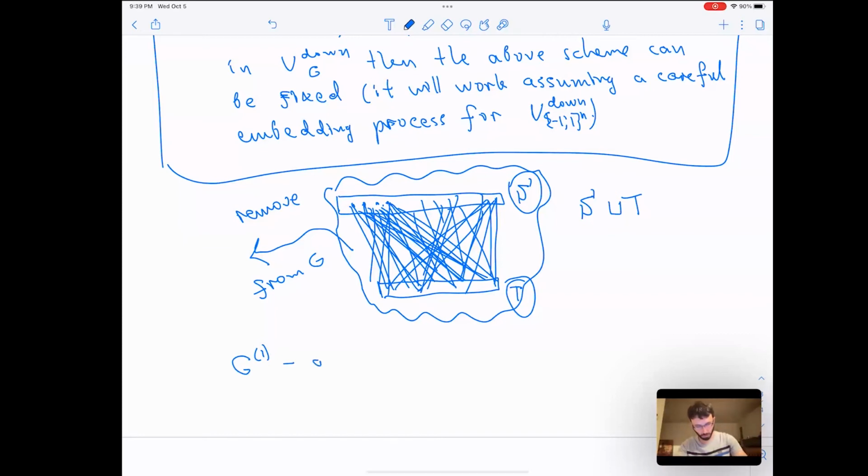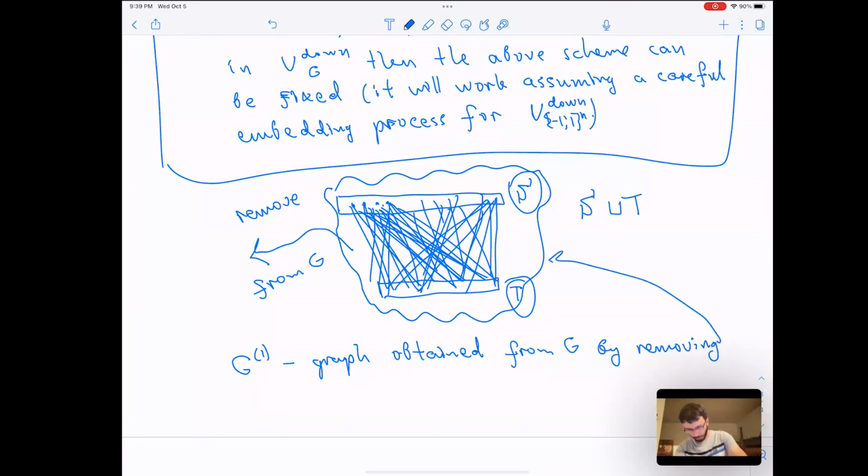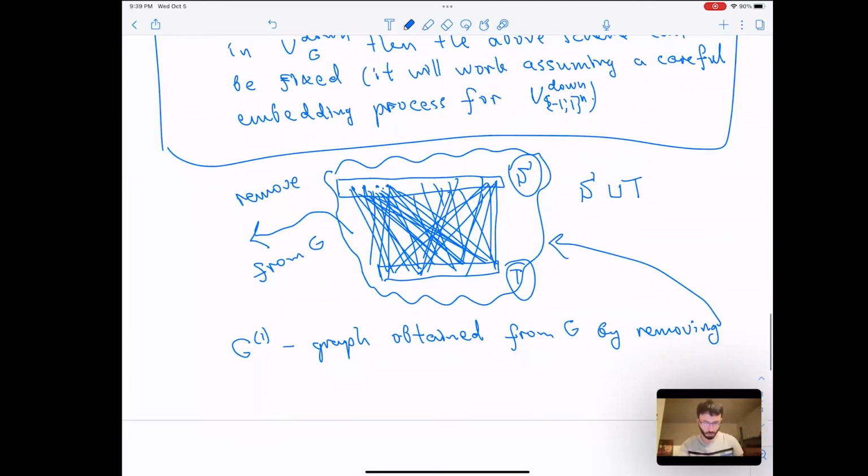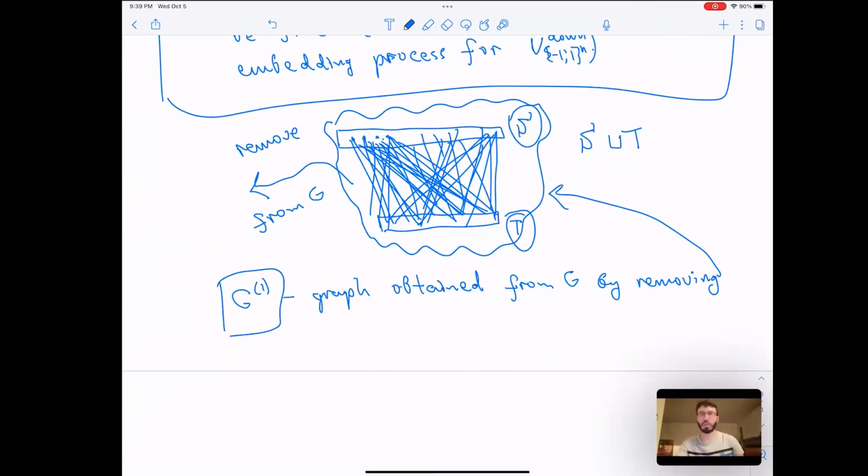So it's the graph obtained from G by removing this subgraph. So now we run the procedure on the graph G1.